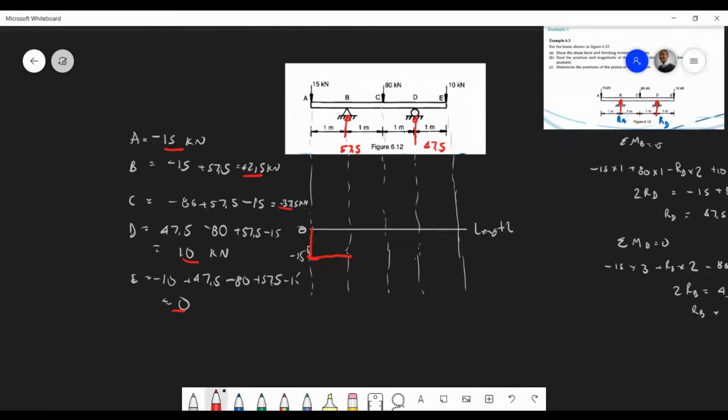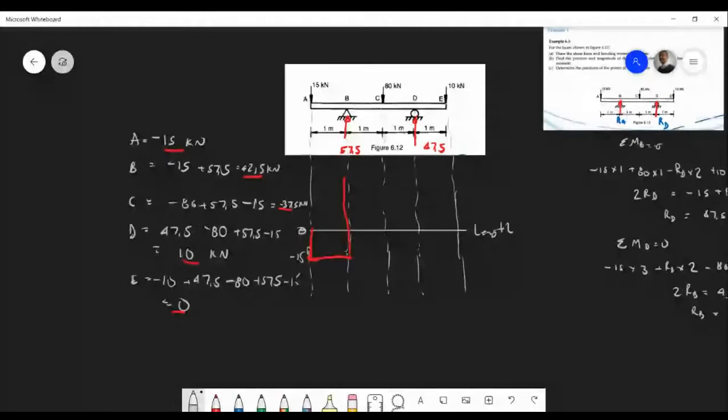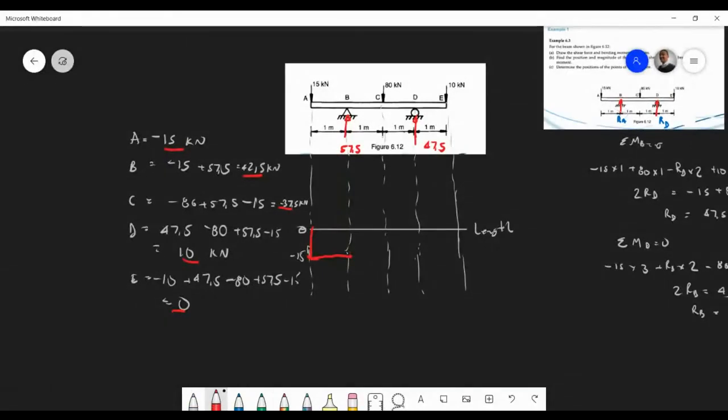But when we come to B, it goes up. Of course, it doesn't have to be to scale as long as it shows it's higher up than the other one. Let me just go back again. That's at around 42.5.